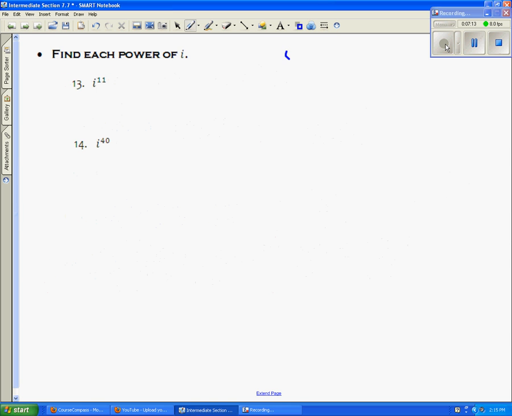Next, we're going to be talking about powers of i, and we need to recall that i squared equals negative 1. So if we can rewrite these to be i squared to the something power, well, power to a power you multiply, so 5 times 2 gives me 10, but I need 11, so I'm going to have one more left over. Well, i squared I'm going to put as negative 1 to the 5th power, and then I still have that i, so negative 1 to the 5th power is negative 1 times i, which is just negative i.